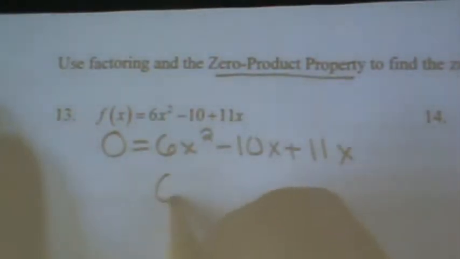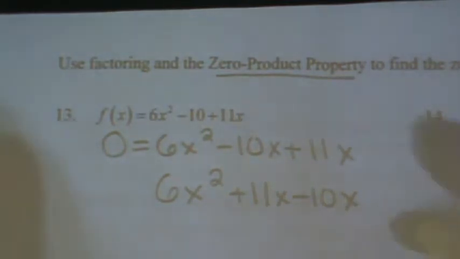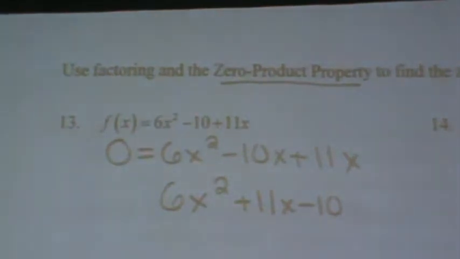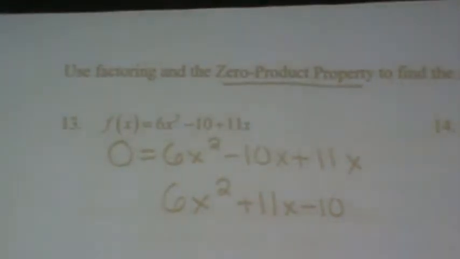So what's wrong with this problem? First of all, it's not organized correctly. So you want to get your, whoops, minus 10. Okay. What else do I need to do? Factor it.